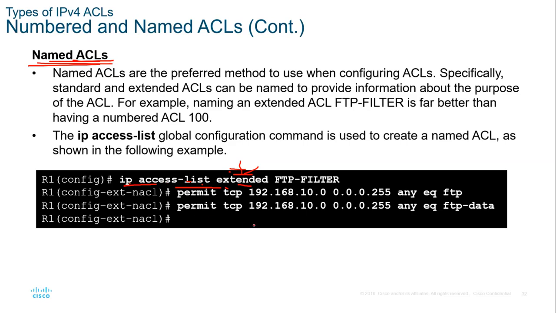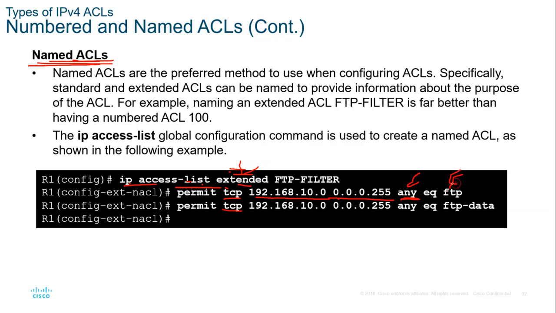So that's the reason why you're seeing here we have TCP, we have the source, and then this is the destination, and where we are saying any, I explained the concept of any, what does any represent, and then the port.